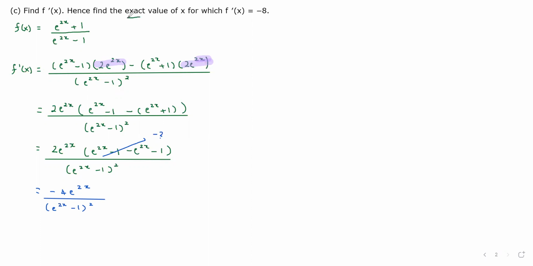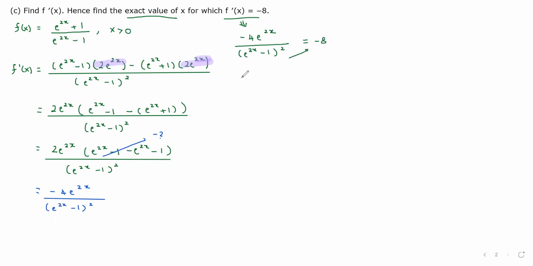Hence, we need to find the exact value of x for which f prime x is -8. This is for the case where x is positive. So we set f prime x to be -8. So when f prime x is -8, -4 e to the 2x all over e to the 2x minus 1 squared, that is -8.